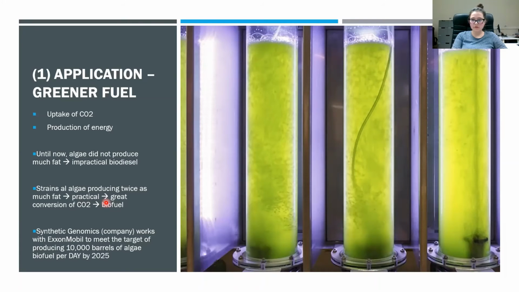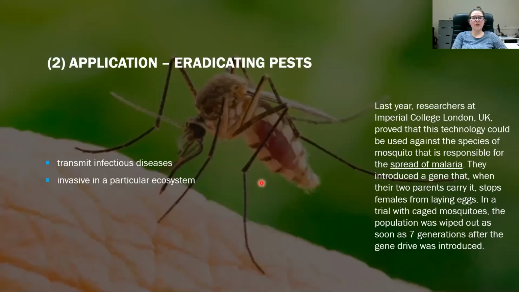And to produce fats, we need more CO2 molecules, so more CO2 is taken up from the environment, and we have practical biofuel. So Synthetic Genomics works now with ExxonMobil to meet the target of producing 10,000 barrels of algae biofuel per day by 2025. Another short application of CRISPR is eradicating pests.